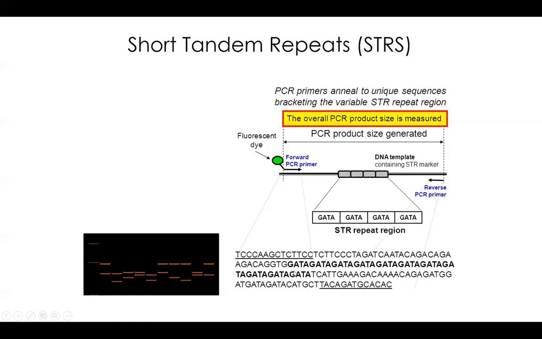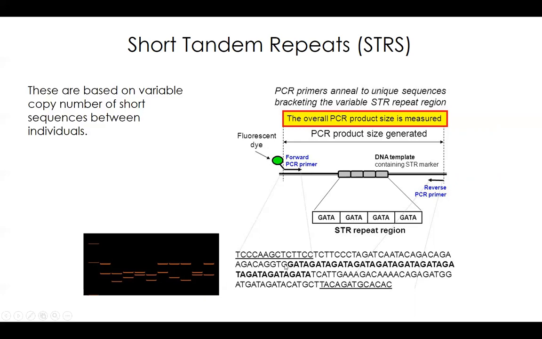So the idea here is that these repeats can be different sizes in different individuals. For example, I might have 4 repeats giving me a section that is 16 nucleotides long, whereas another individual may have 13 or 14 repeats that we see here, and that will make a much longer sequence.